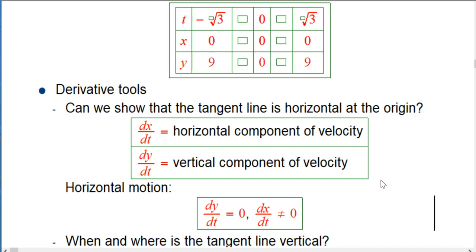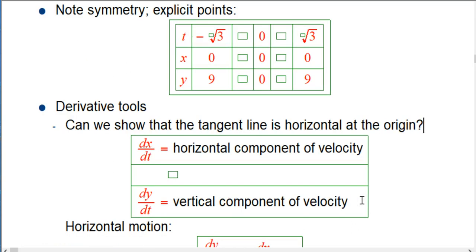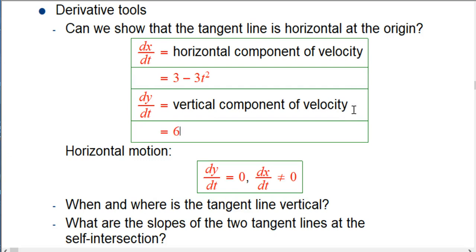So let's look at this, dy/dt and dx/dt. Let's calculate these. In this case, dx/dt, remember, is the derivative of 3t minus t cubed, so it's going to be 3 minus 3t squared. And dy/dt is going to be just 6t.